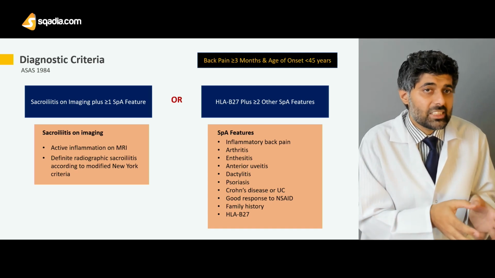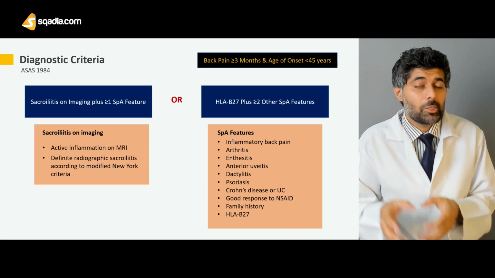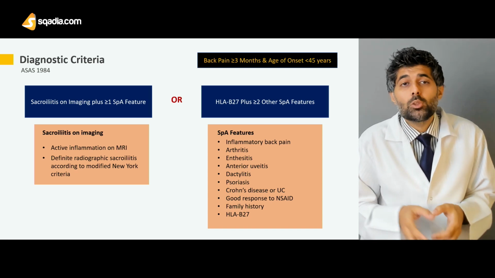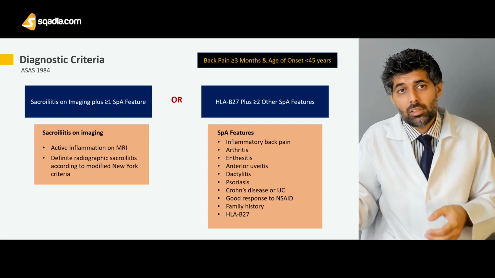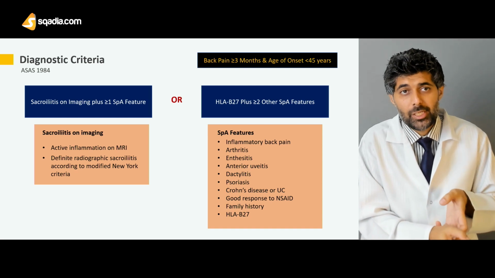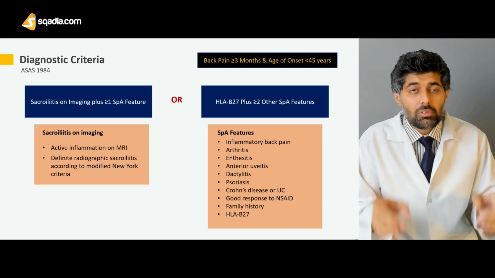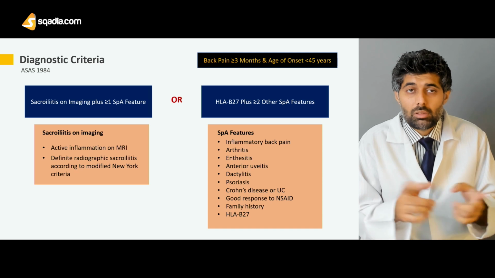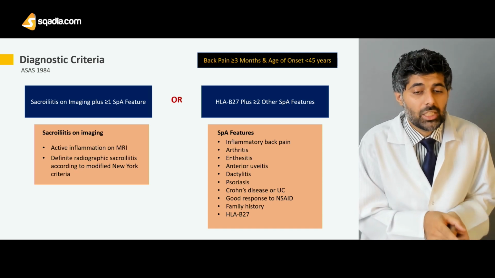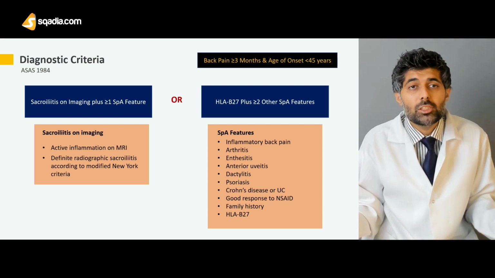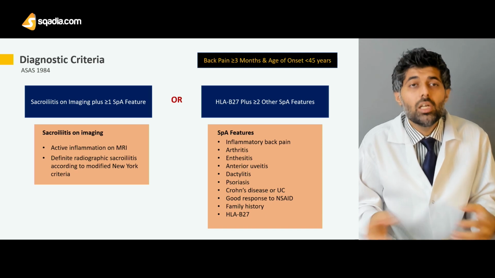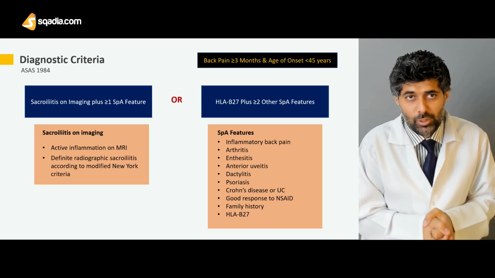Because if we take the example of North American white males, 7% of those present with the HLA-B27. And even among the identical twins, the concordance is 65%. So if there is family history of B27, it is considered one of the features.